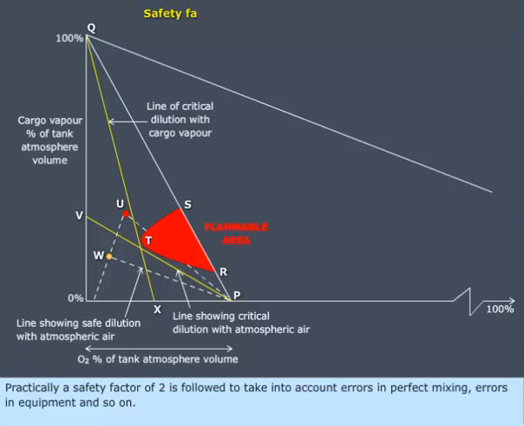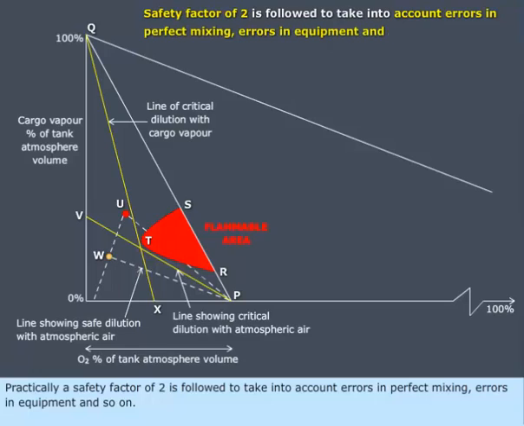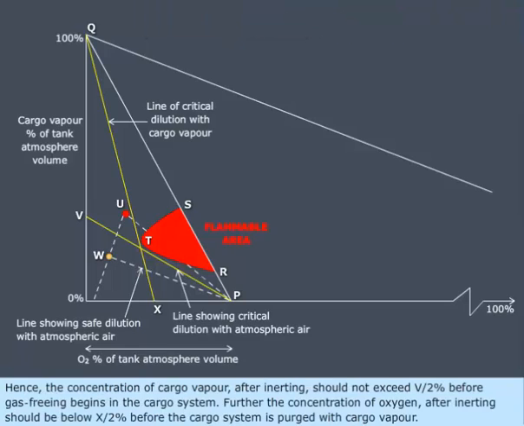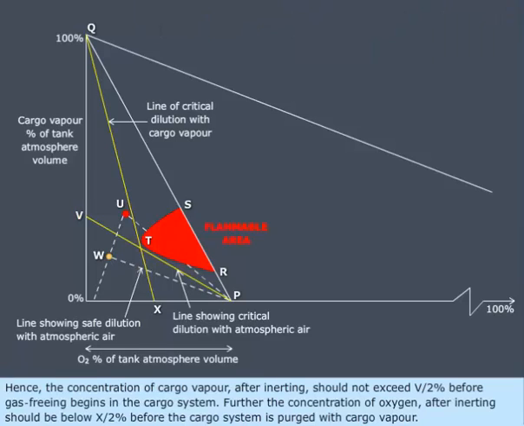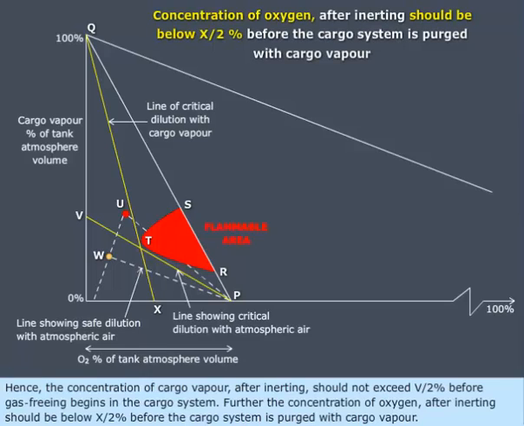Practically, a safety factor of 2 is followed to take into account errors in perfect mixing, errors in equipment, and so on. Hence, the concentration of cargo vapor, after inerting, should not exceed V divided by 2% before gas freeing begins in the cargo system. Further, the concentration of oxygen after inerting should be below X divided by 2% before the cargo system is purged with cargo vapor.